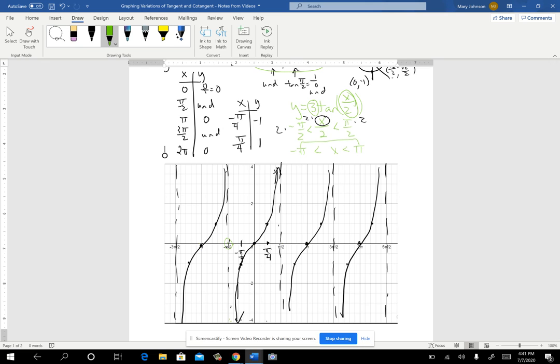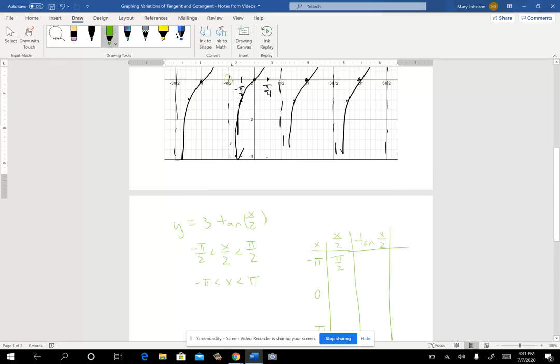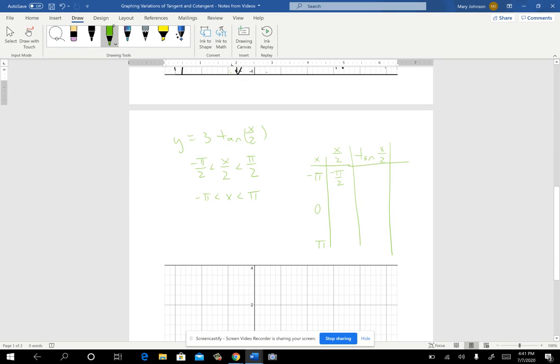So negative pi over 2 was undefined. Well, at negative pi on this graph, this is going to be undefined. And then 0 on the new graph, when we do 0 divided by 2, we're going to get 0.